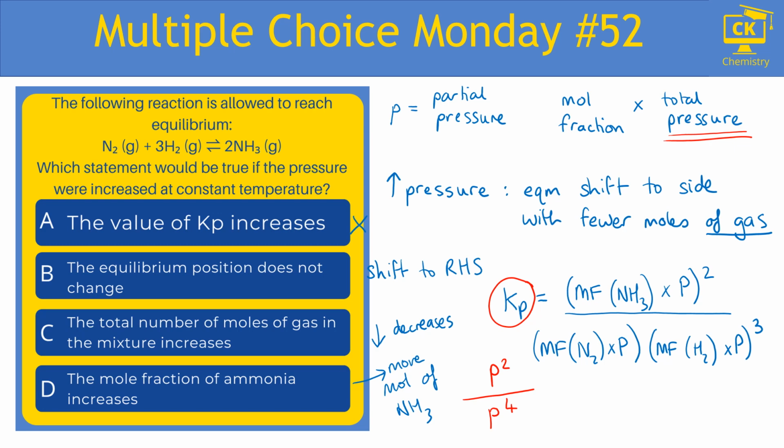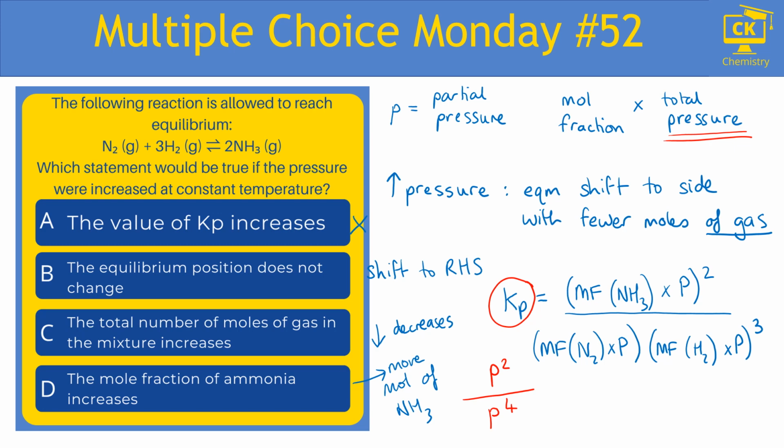So from that, it should be kind of obvious that Kp cannot stay the same if the mole fraction stays the same. So we have to change the mole fraction of all three of those substances because they're all related to each other.